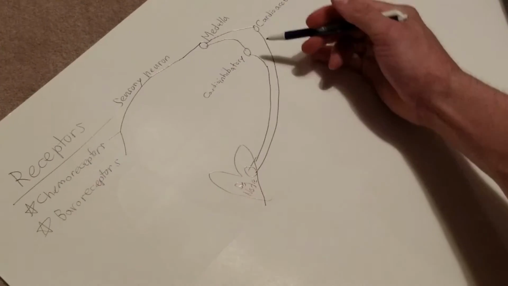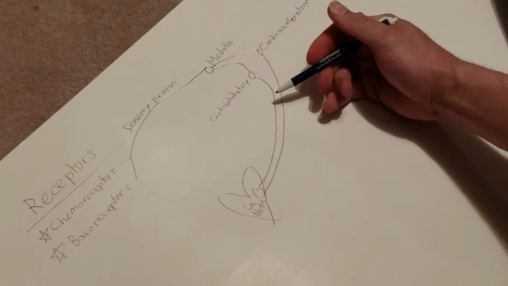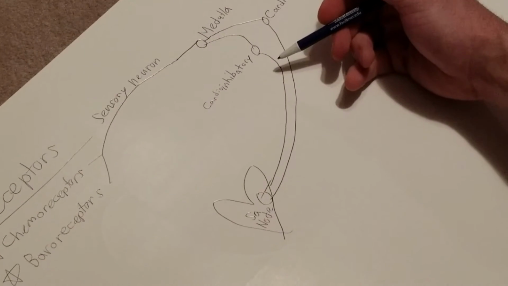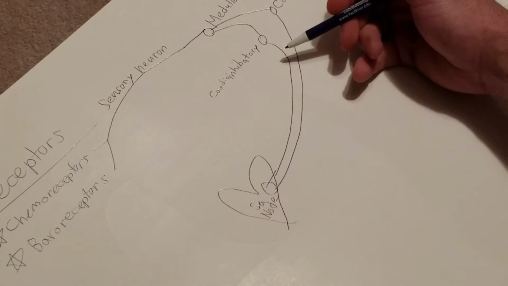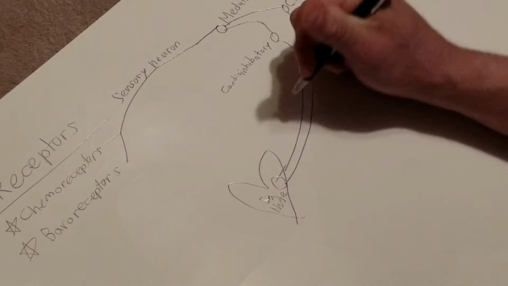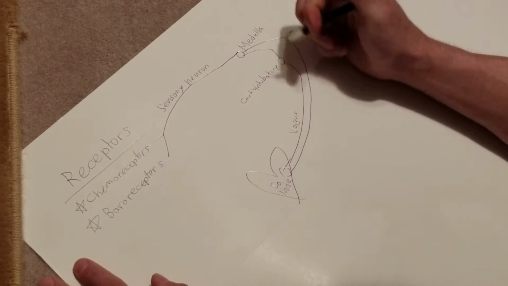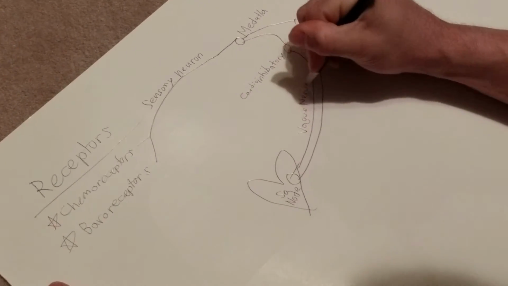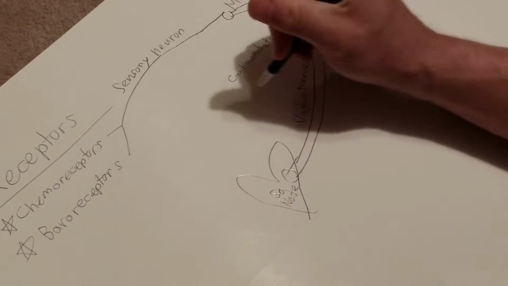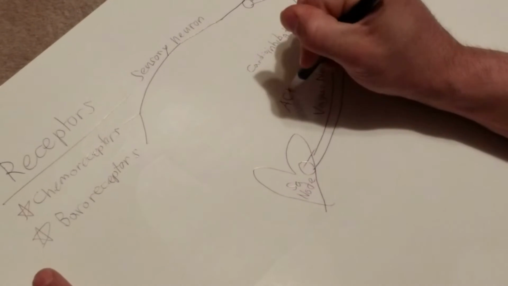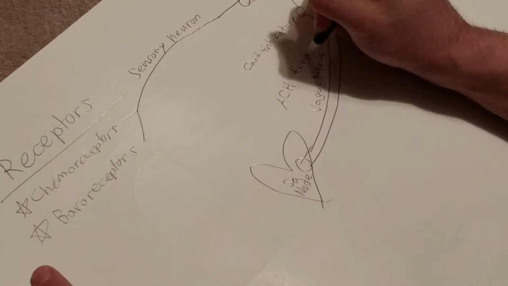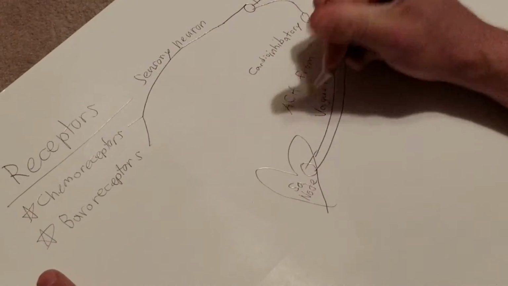If it's coming from the cardio-inhibitory center, then it is going to travel along the vagus nerve, and this is where our ACh comes from. That is the parasympathetic nervous system.